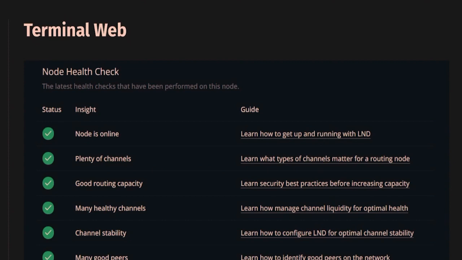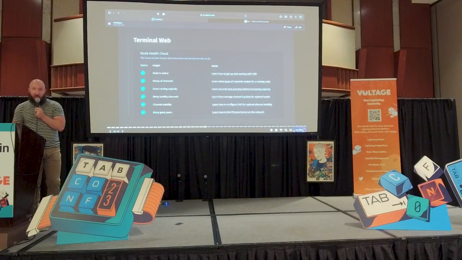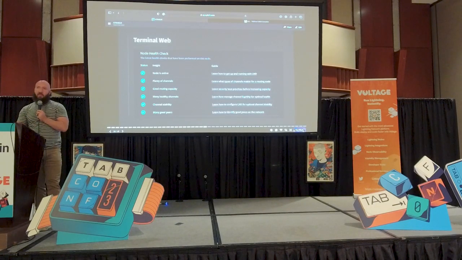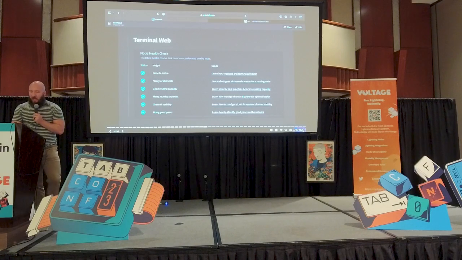You can click these links on Terminal Web and see what this means, but good routing capacity means your channel sizes aren't minuscule, basically. Healthy channels. This is basically defined as your channels with peers that also have the 6 green check marks. And then channel stability, which is very similar to your node is online.